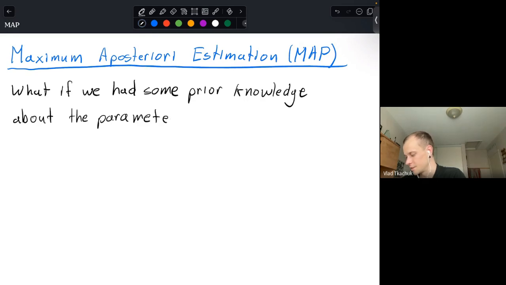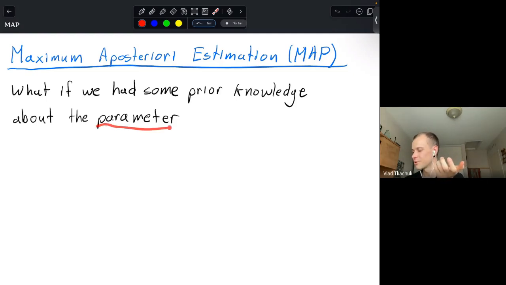The parameter could be anything. For the Bernoulli case, it was that alpha thing. For the normal distribution, it was mu. In the case where we assumed that the mean was this linear thing, it was x times w. Depending on what distribution assumptions you make, you're going to have a different parameter.